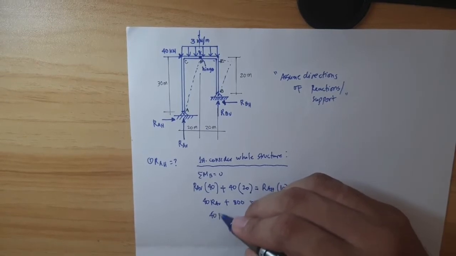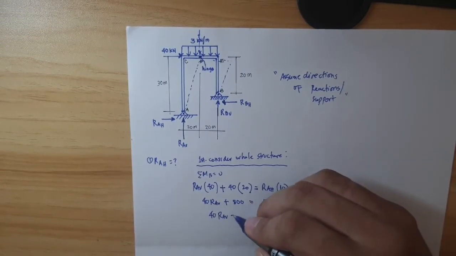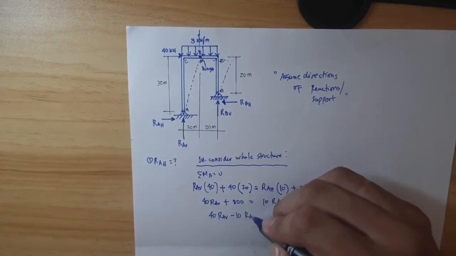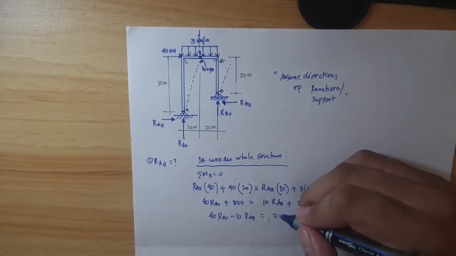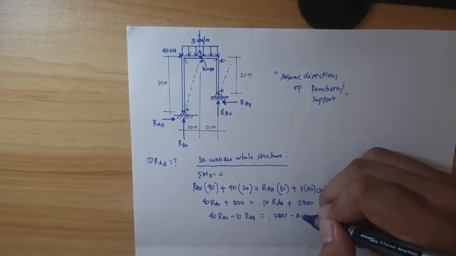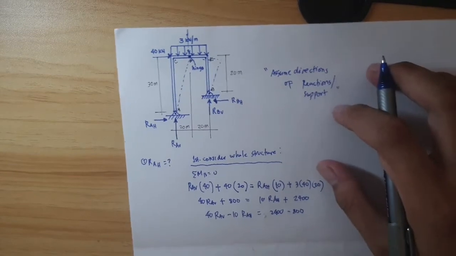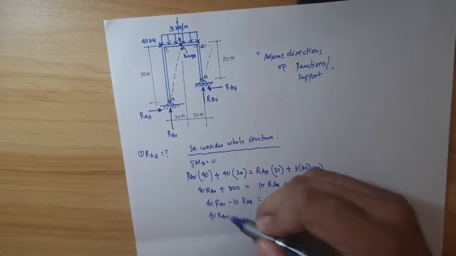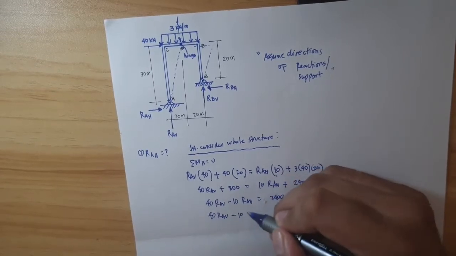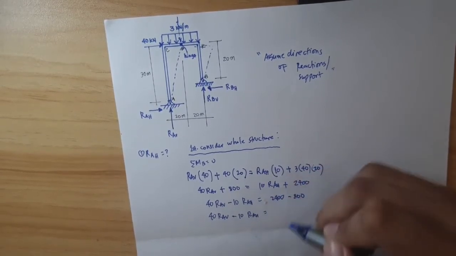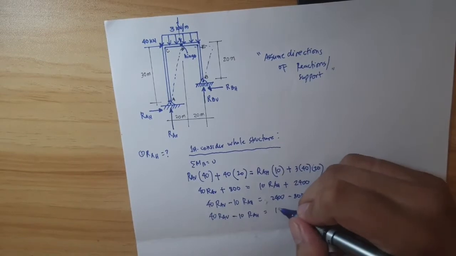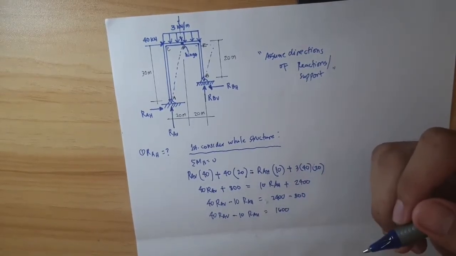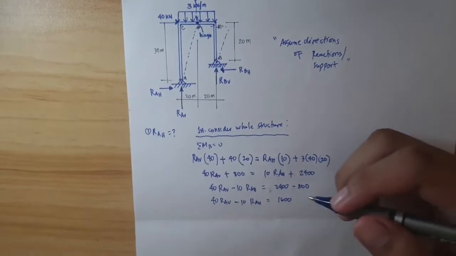So 40 RAV minus 10 RAH is equal to 2,400 minus 800, so 40 RAV minus 10 RAH is equal to 1,600.